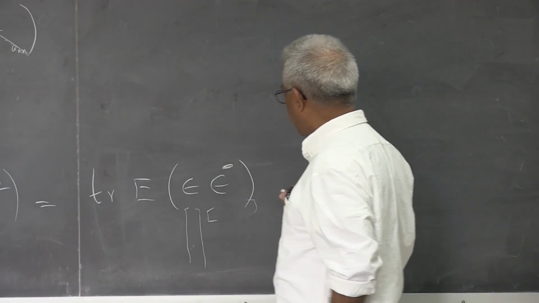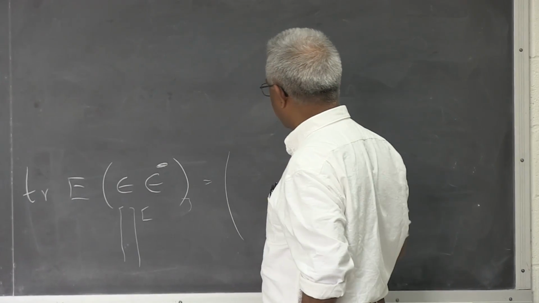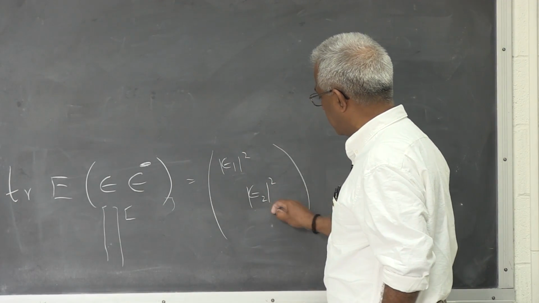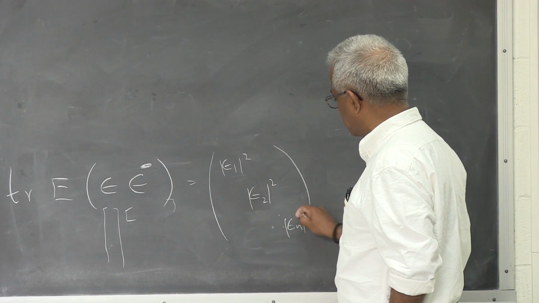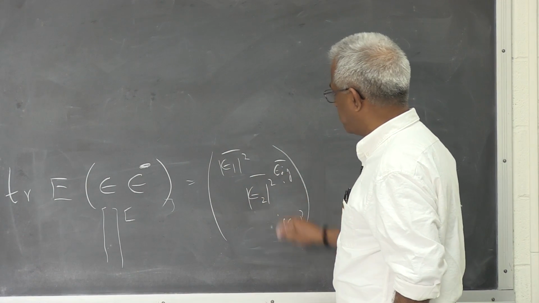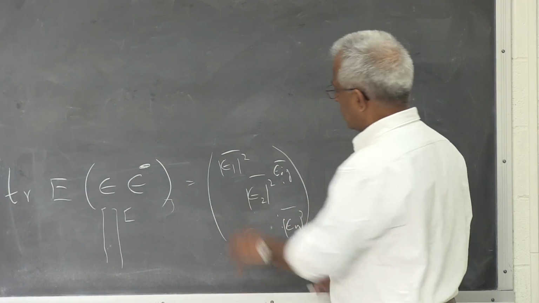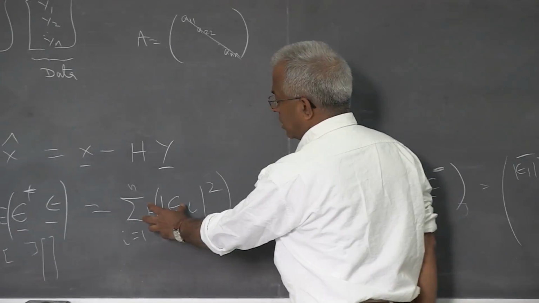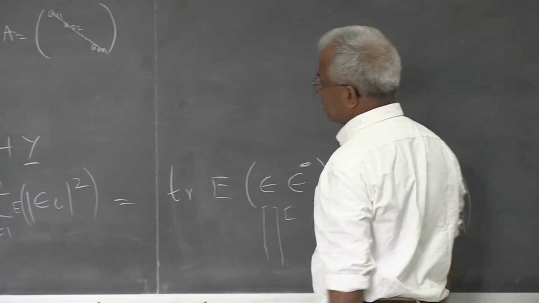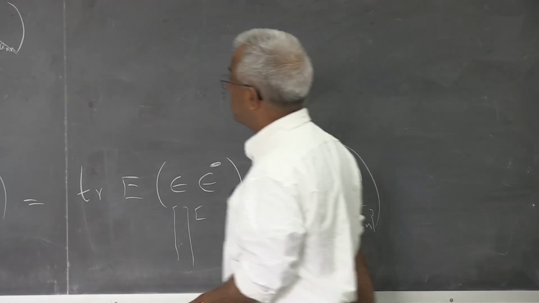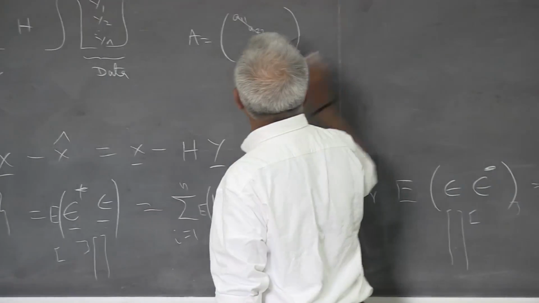And if you create a matrix, you will see that the diagonal entries are epsilon 1 squared, epsilon 2 squared, etc., epsilon n squared. The other entries are epsilon i epsilon j, everything with expected value, right? So you see, you add up the diagonal, that's the same as this. You could write it like that because it will help us with the simplification.